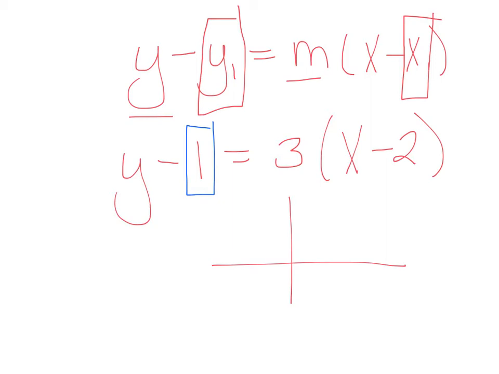Now, it's not negative 1 because I need that negative sign to stay in the formula, and I'm just going to pull the 1 out. And then what's my x number? My x number is 2. Again, I'm going to keep the negative in the formula. So my point will be 2, 1. So 2, 1. And then I just count the slope like normal. 3 up, 1 over.